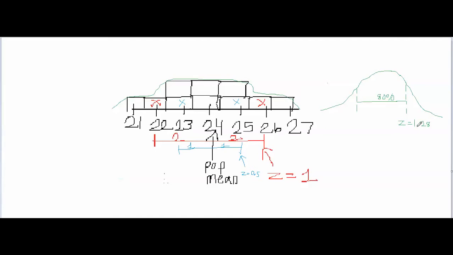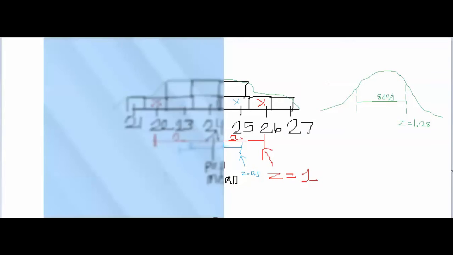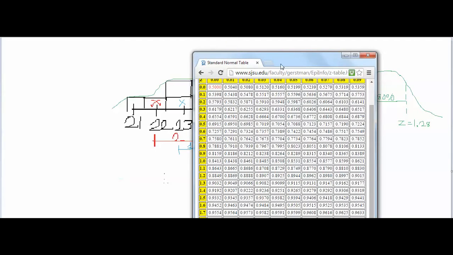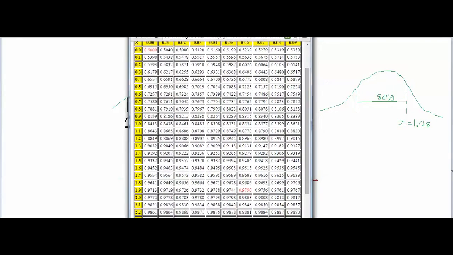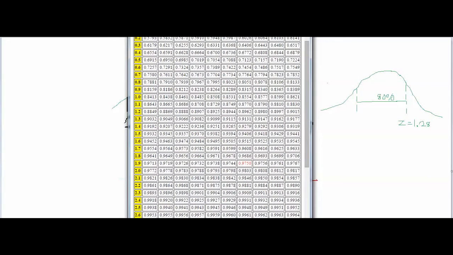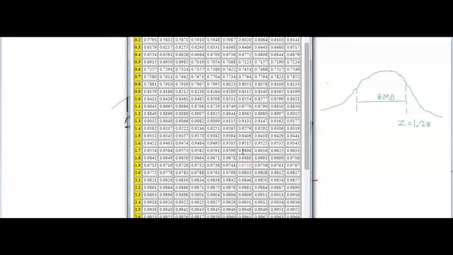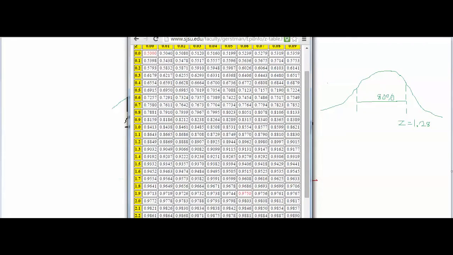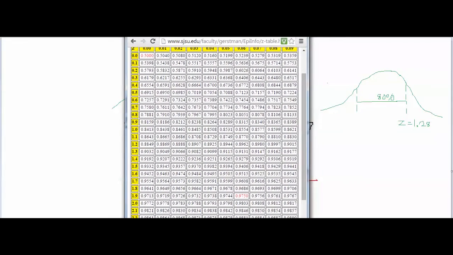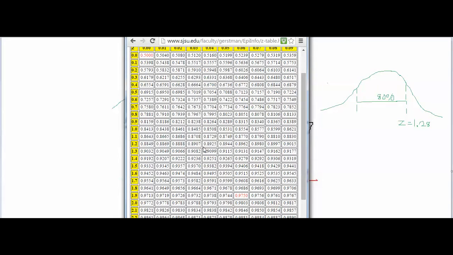And I'll actually show you how I got this from the table. What I had to do was go inside this table, the normal curve table, and actually find the closest decimal.